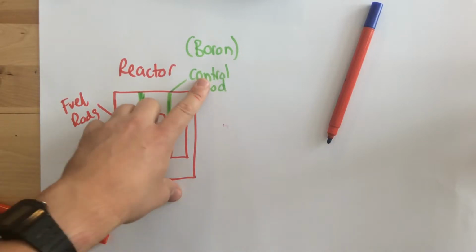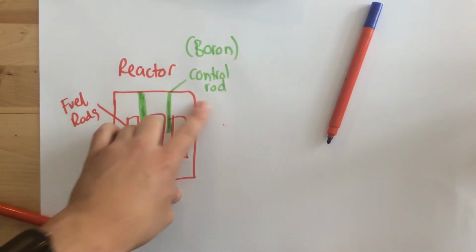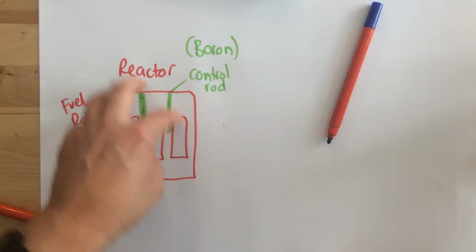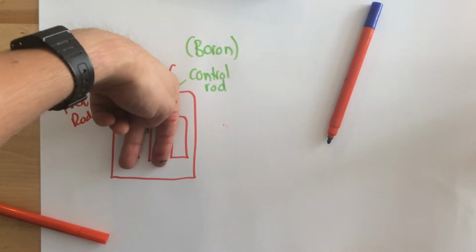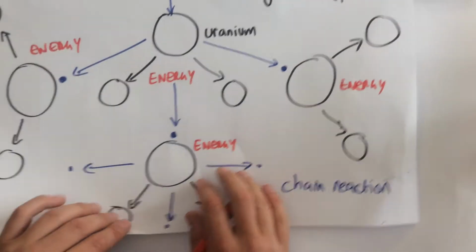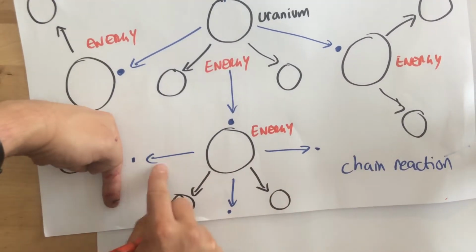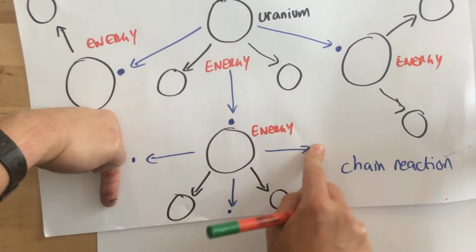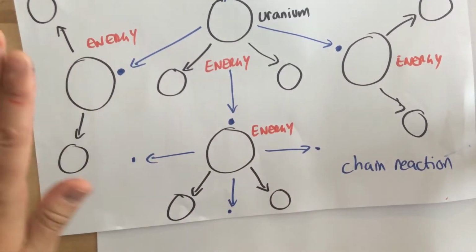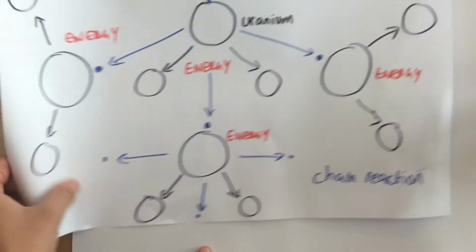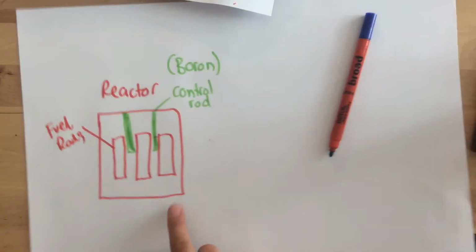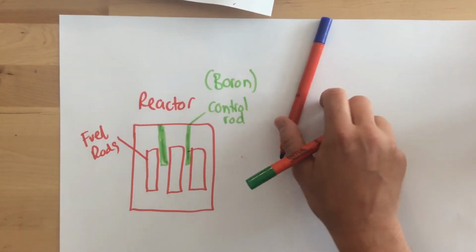So what we can do is help to control the rate that these fission reactions are happening by putting the control rods in further or removing them. Because what happens is as we put a control rod in, they absorb some of these neutrons which are being given off by these fission reactions in order to slow the reaction down. So that is the purpose of the control rods.